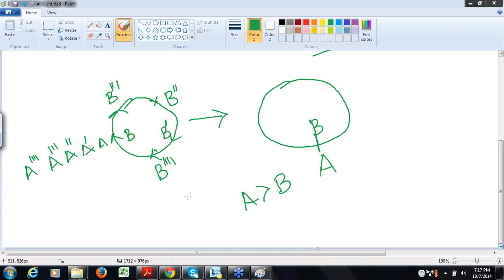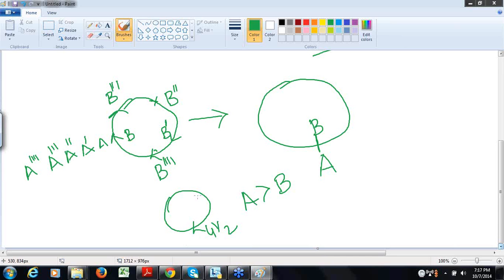Okay, see, A has come, A is here, 4.5 rounds. If B has completed half round, you are saying, that means A and B have met before itself.